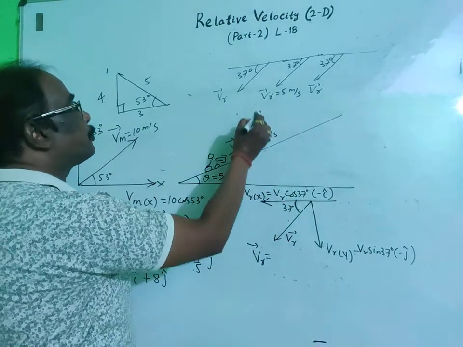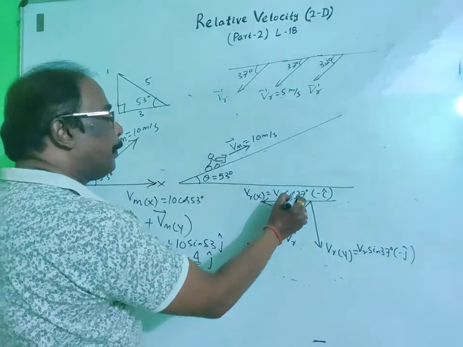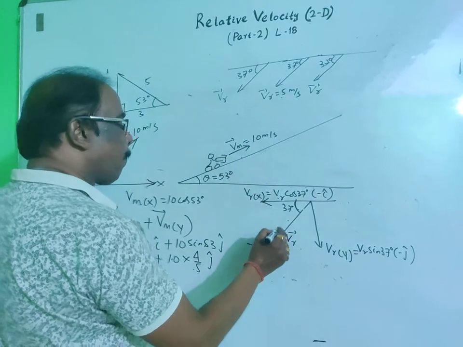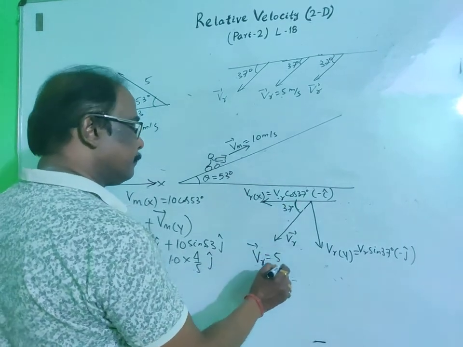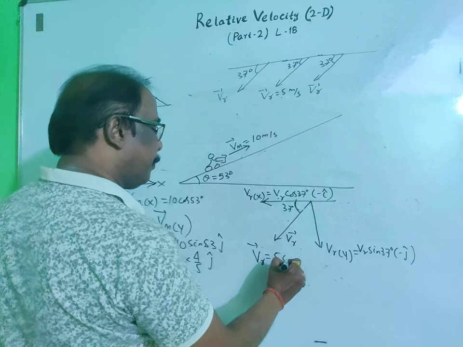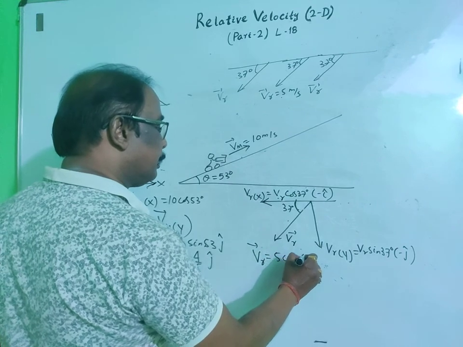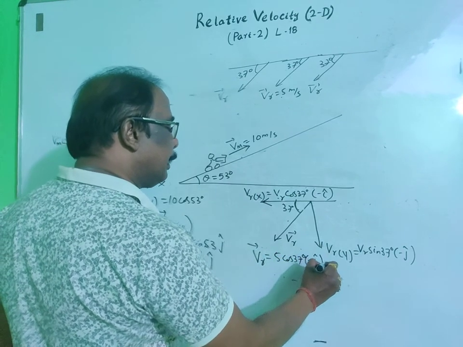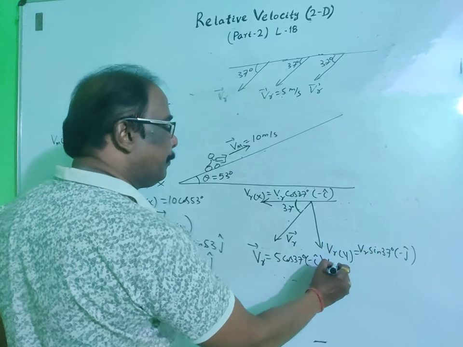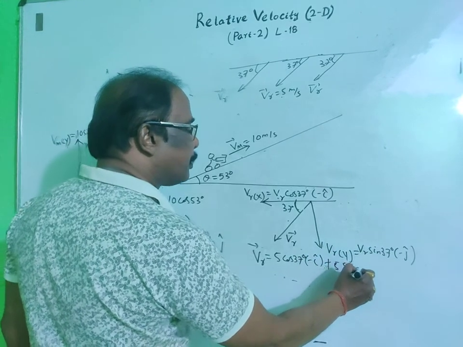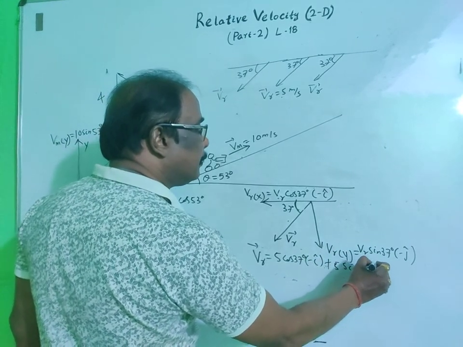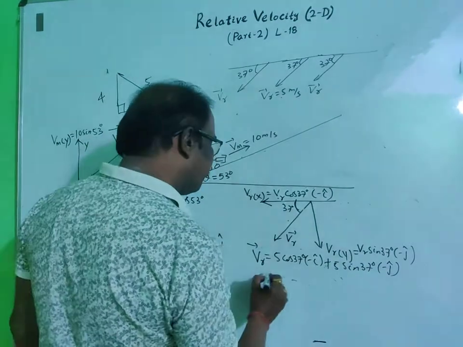Velocity of rain is 5 meter per second: 5 cos 37 minus i cap plus 5 sin 37 into minus j cap.